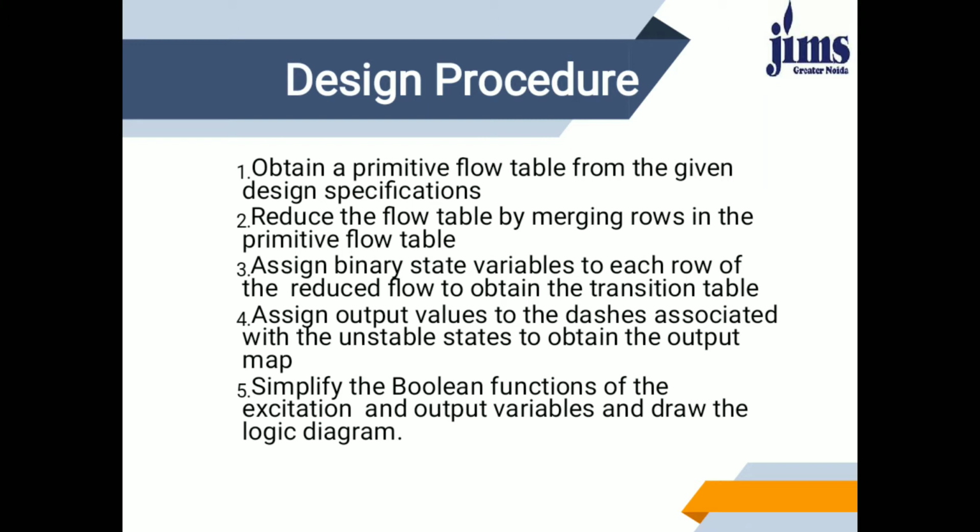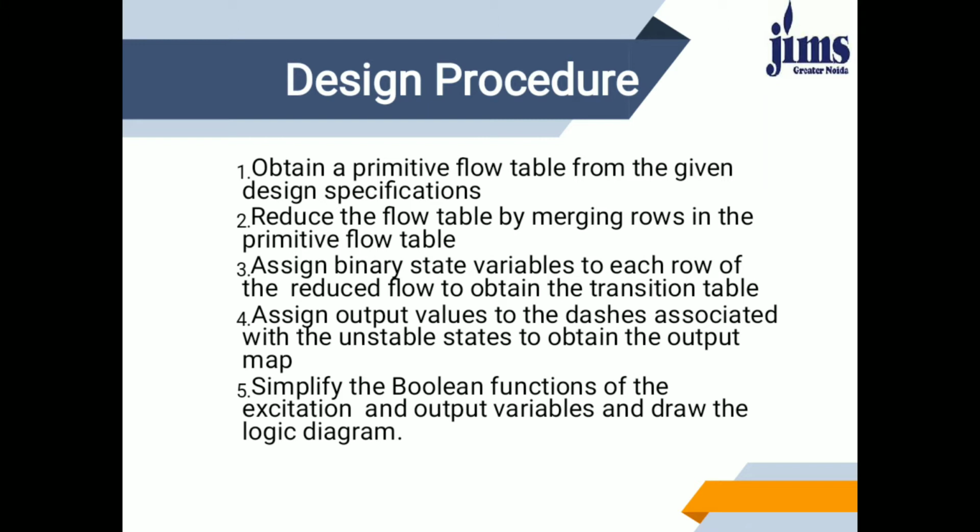As you know, we need to generate a transition table, and after that we will define a flow table. So first we need to obtain a primitive flow table from the given design specifications. We will reduce this flow table by merging rows in the primitive flow table, and then assign binary state variables to each row of the reduced flow table to obtain the transition table.